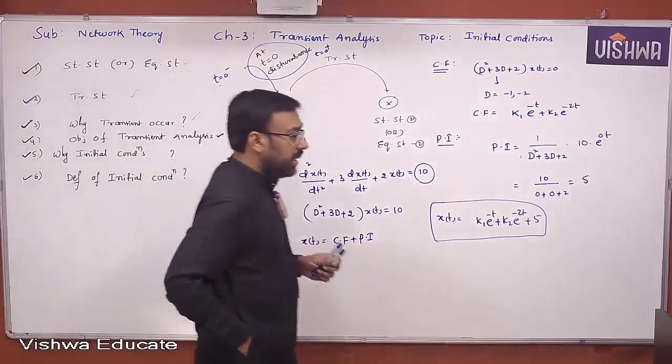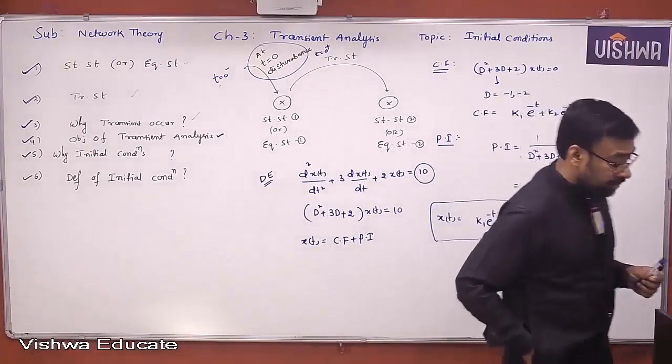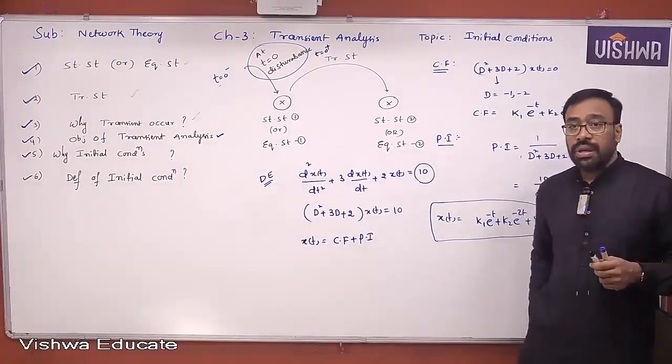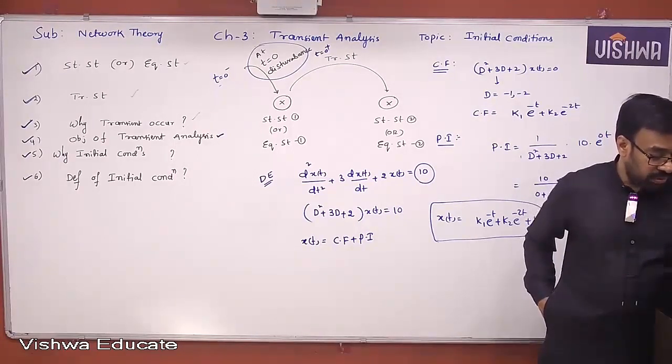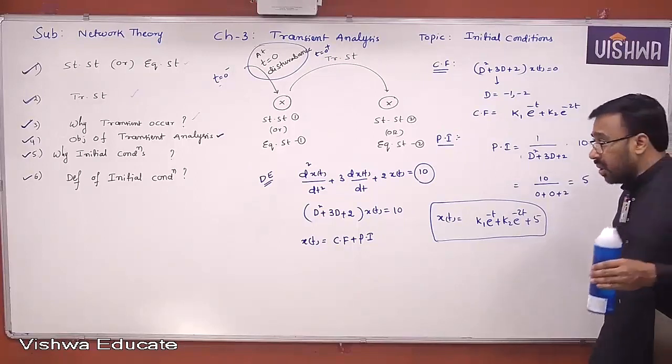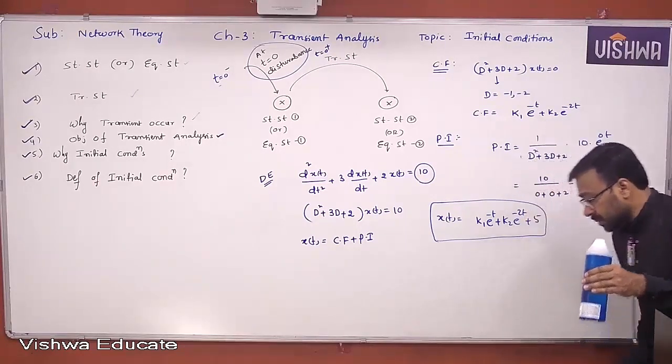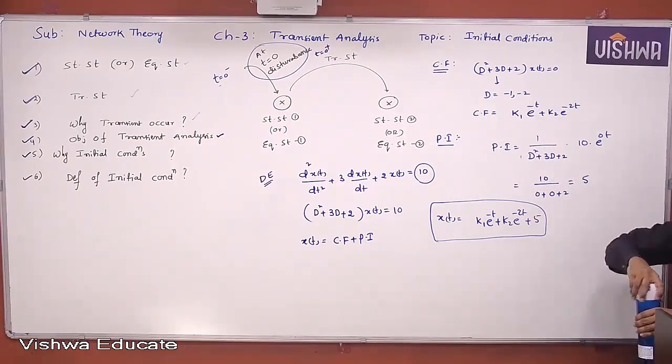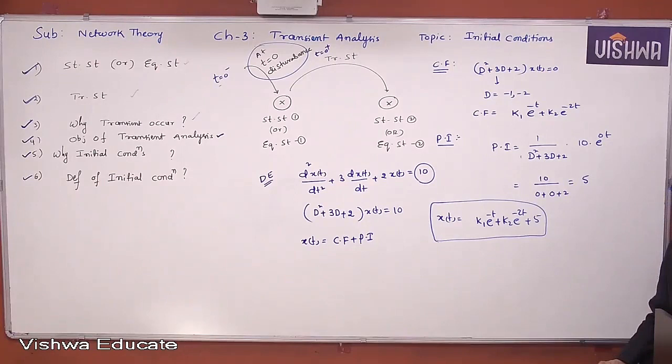A system is said to be in steady state if it can produce a constant output for a long time.